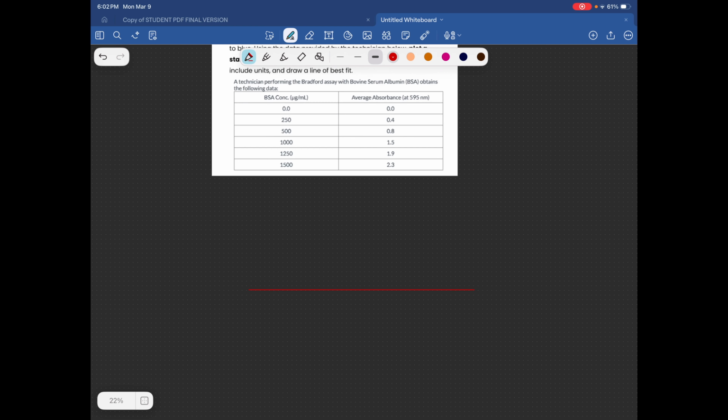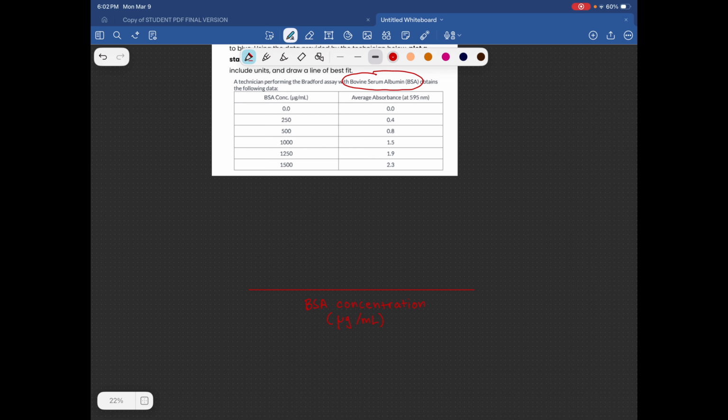This is going to be bovine serum albumin, or BSA. So we'll write over here our BSA concentration, and the units are going to be in micrograms per milliliter.